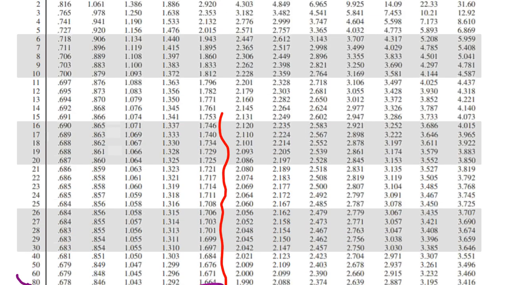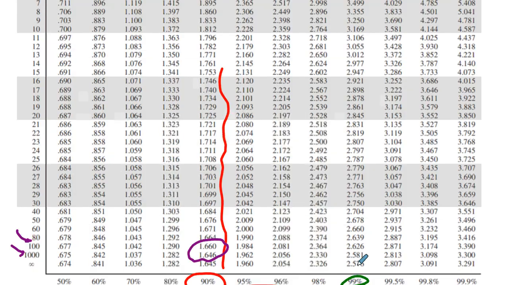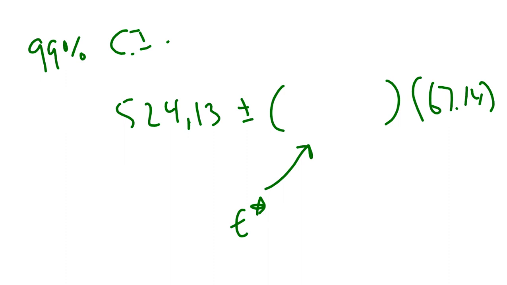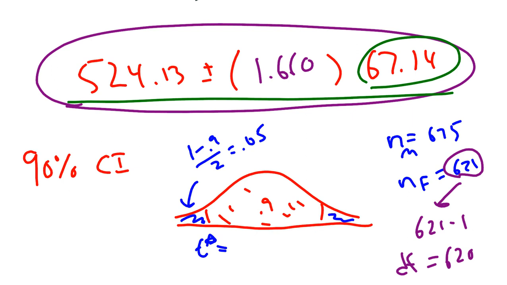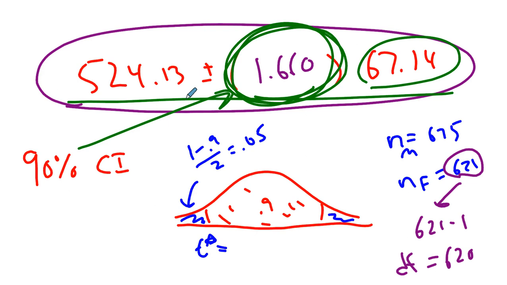So let's go down here. We'll go to the 99% column, and the two numbers are 2.581 and 2.626. I'm going to use 2.626. And already you can tell if you look at these two intervals, if I circle this 1.660 here that I used before, that was for 90%.